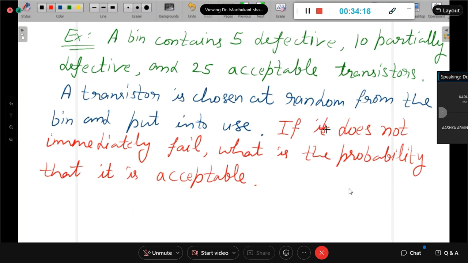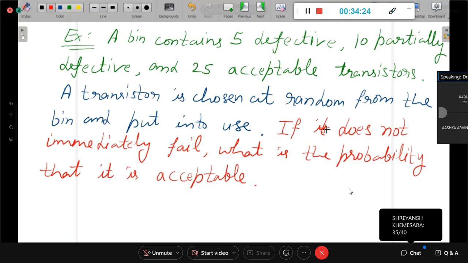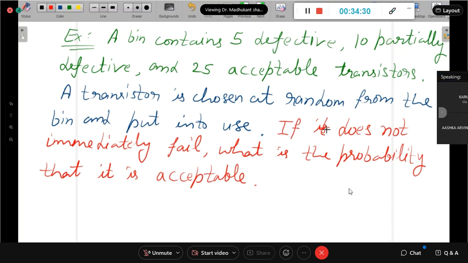Now, if it does not immediately fail, the chosen transistor is possibly either partially defective or acceptable. It is not going to be defective. So now you have a new sample space of 35 transistors, out of which the transistor has been chosen.